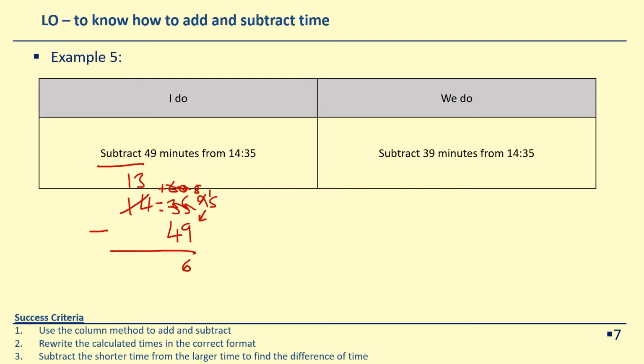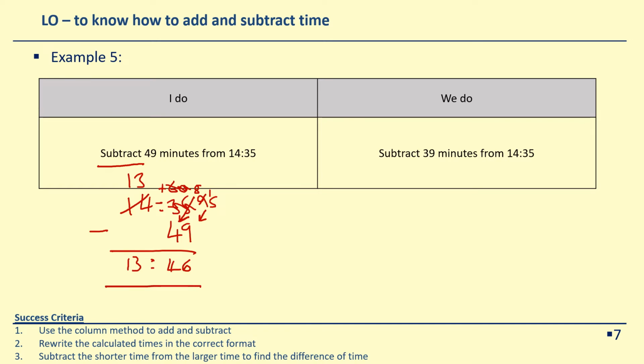And can we do 8 subtract 4? Yes, and that leaves us with 4. And we haven't got any hours to subtract, but we did change it to 13 because we had to borrow. So we can keep the 13, and that would be your answer.